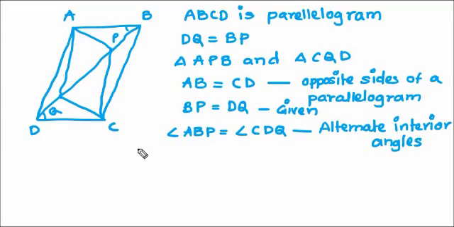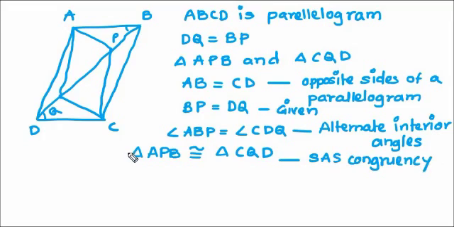And therefore, triangle APB is congruent with triangle CQD using side, angle, side. So AP is equal to CQ, CPCT, corresponding parts of congruent triangle.